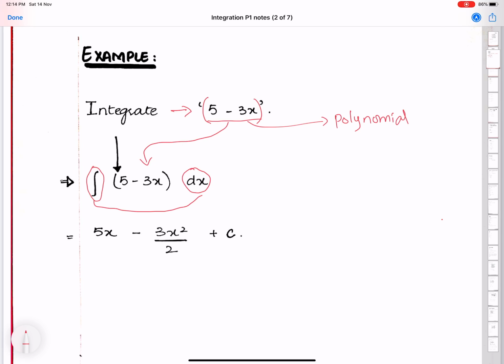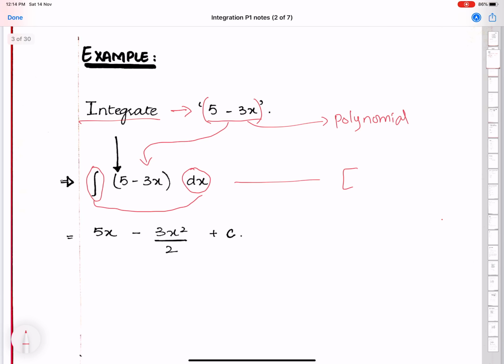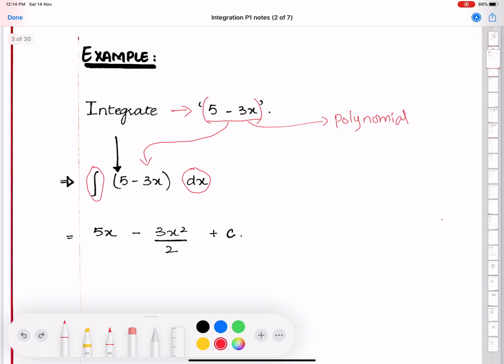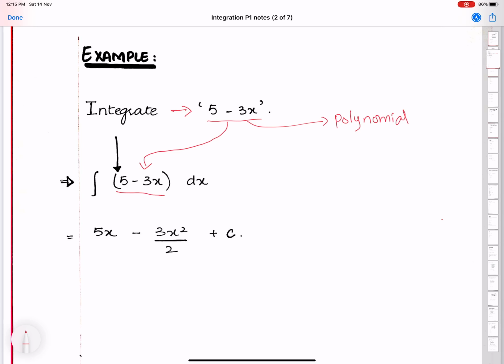If you won't do this, you will lose 1 mark. You cannot integrate this directly without mentioning this step. So make sure you always write this step whenever the word integrate is given. So you need to write this function in bracket, between the sign of integral and dx.